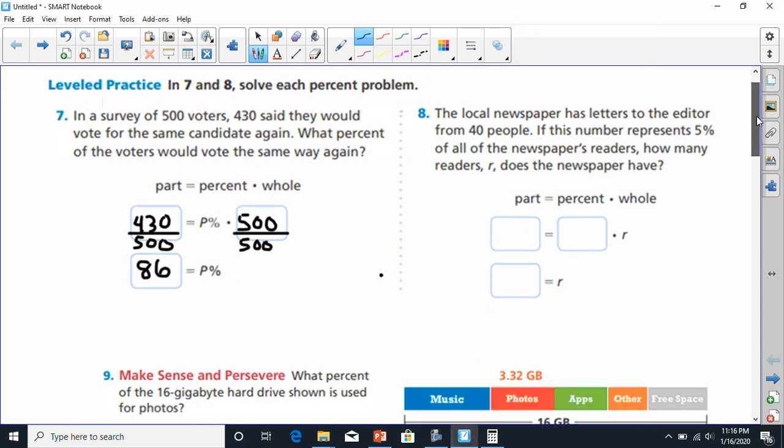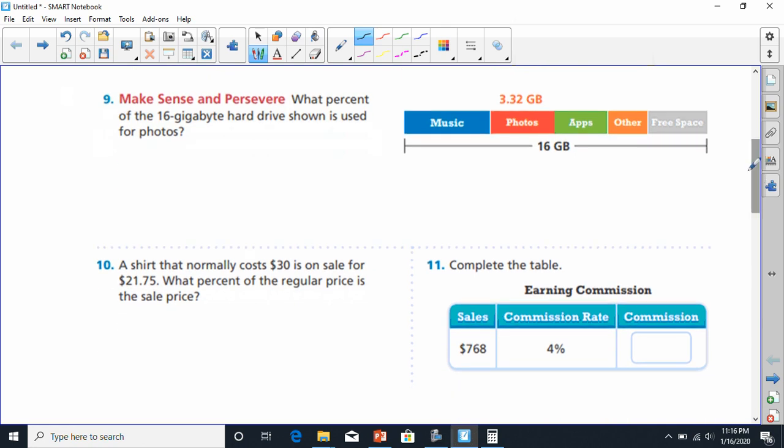Let's continue on. Doing number 9. It says, what percent of the 16 gigabyte hard drive shown is used for photos? Well, we see that 3.32 gigabytes are used for photos. Let's set up our percent equation again.